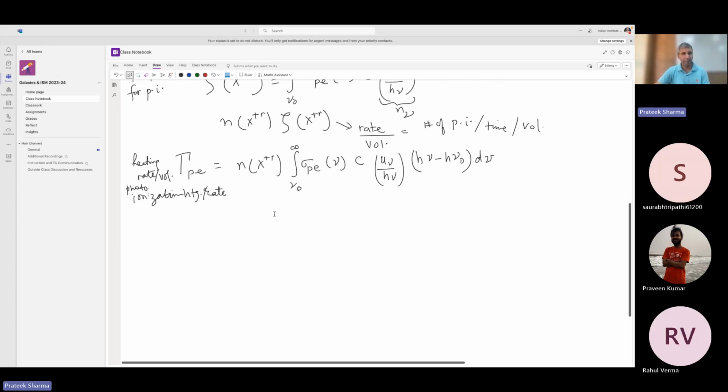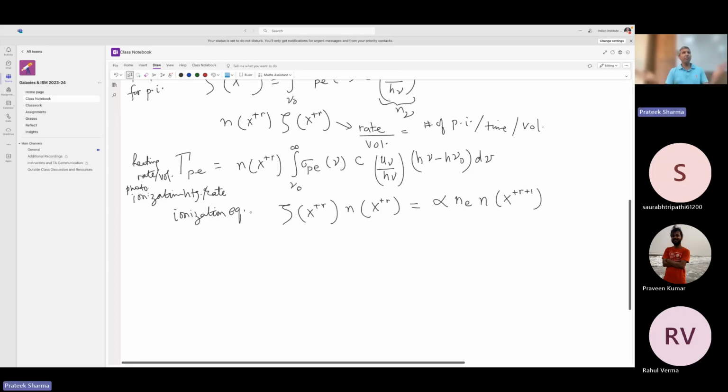So what it means is zeta X plus R times n X plus R is equal to alpha, the recombination coefficient, times n e times n X. So this is just ionization equilibrium.